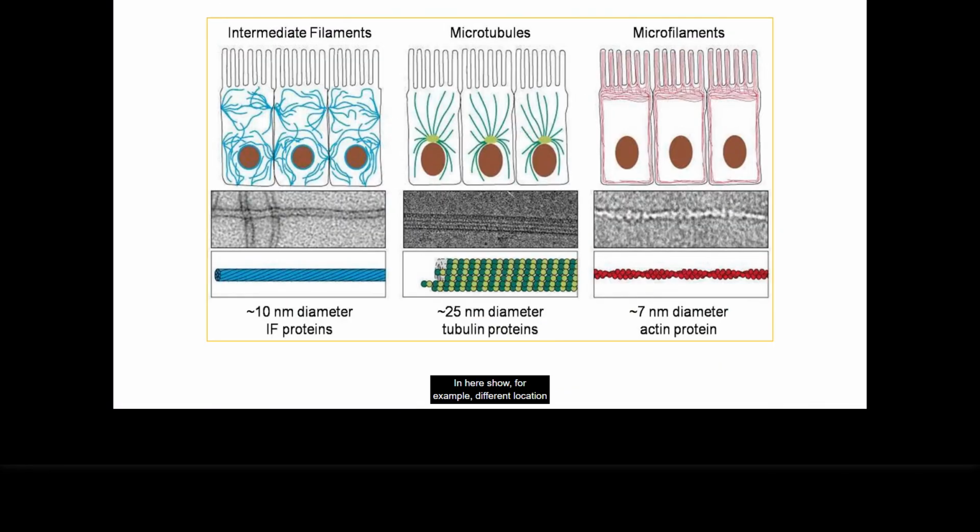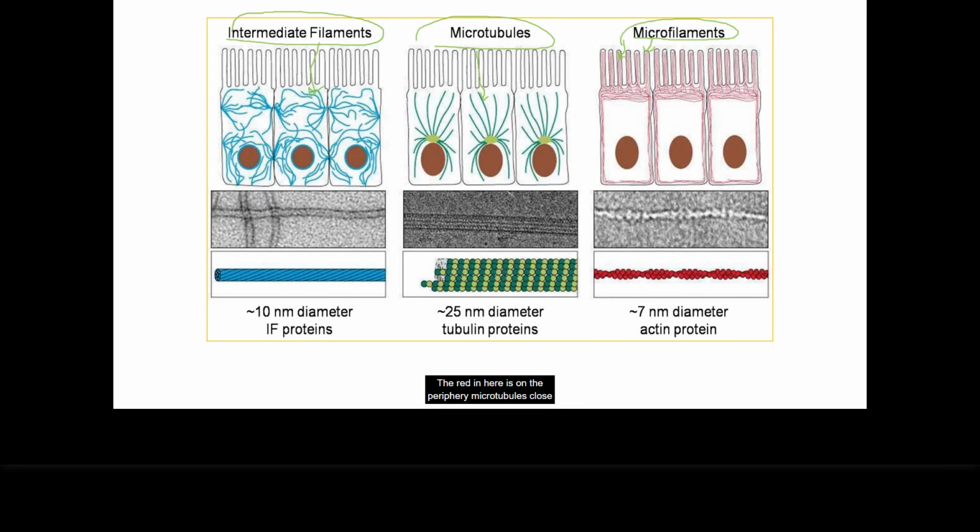In here it shows, for example, the different locations of different cytoskeletons inside of the cell. Intermediate filaments will be located in here in the cell. Microtubules will have a different organization, and microfilaments or actin are located in different areas. They're red in here.